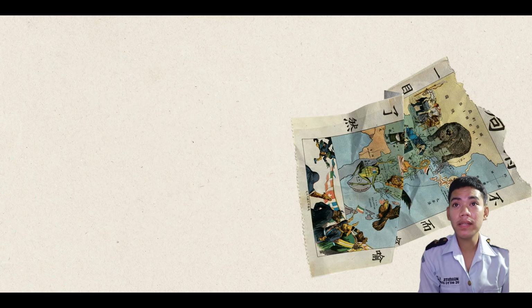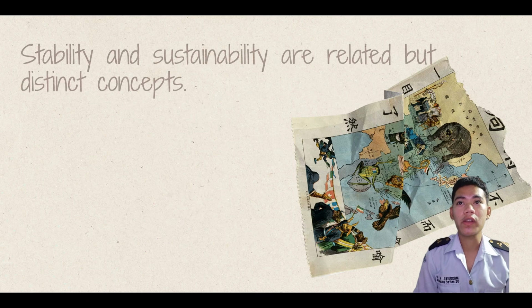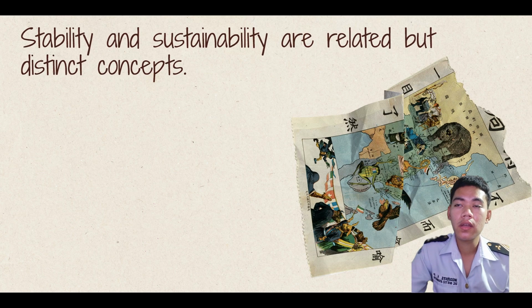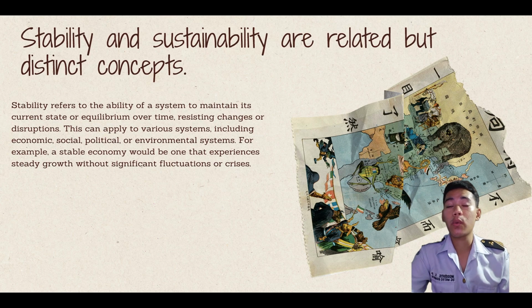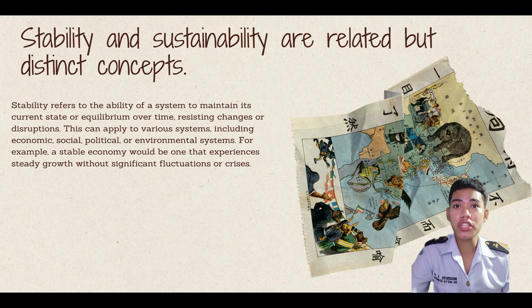Stability and sustainability are related but distinct concepts. Stability refers to the ability of a system to maintain its current state or equilibrium over time, resisting changes or disruption. This can apply to various systems including economic, social, political, or environmental systems. For example, a stable economy is one that experiences steady growth without significant fluctuation or crisis.